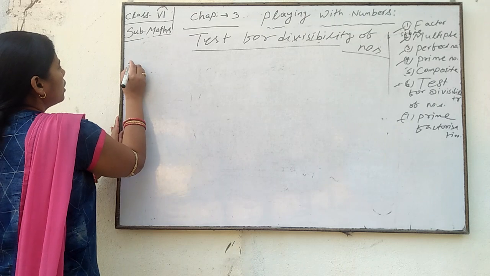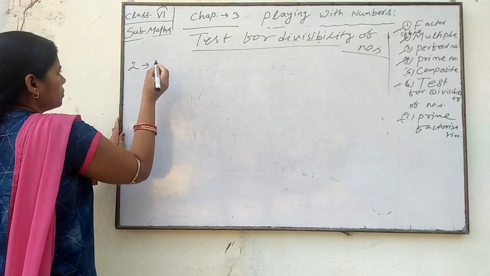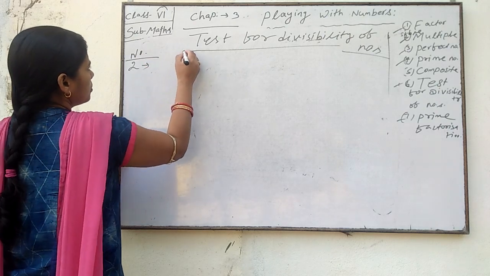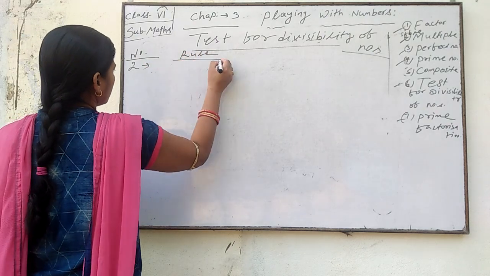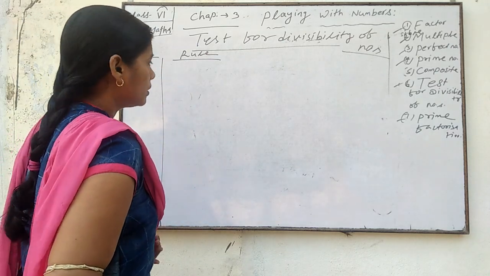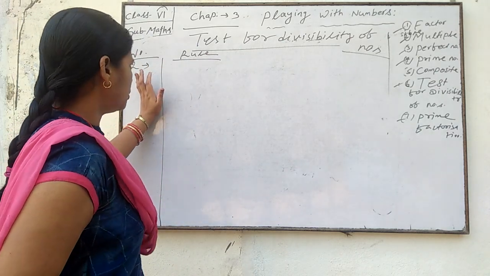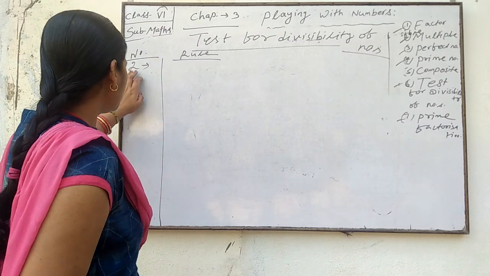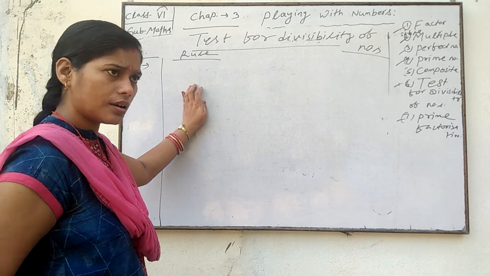So first is 2. How can we test whether the given number is divisible by 2 or not?